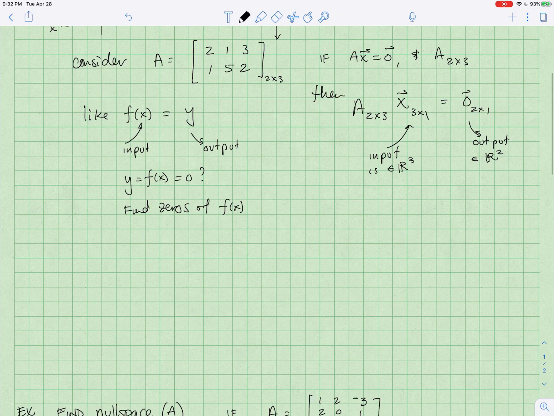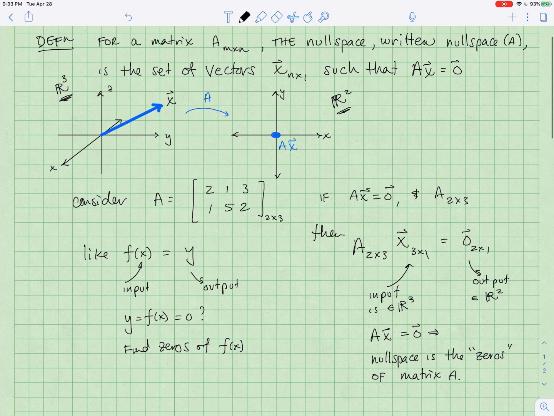You can think of the null space as the collection of inputs whose output is equal to 0. And so the null space is the quote-unquote zeros of matrix A.